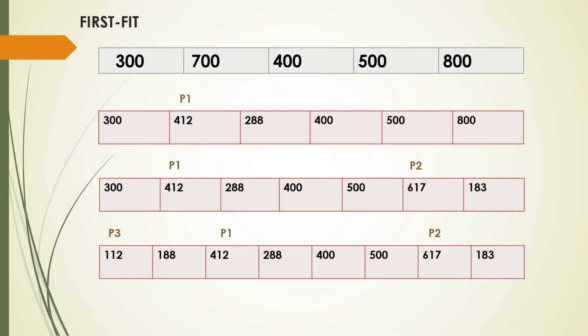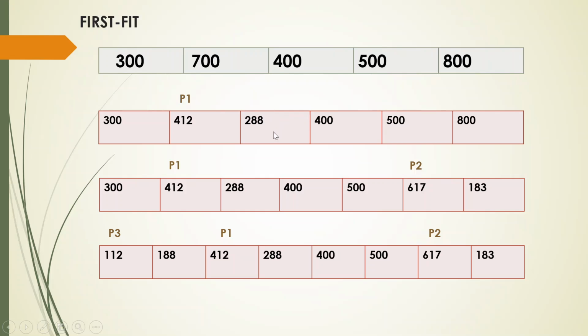So as this 700 is having a larger value, we'll split it into two parts. 700 is split into 412 and the remainder will be 288.